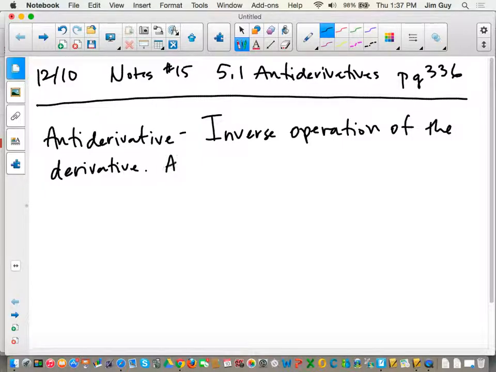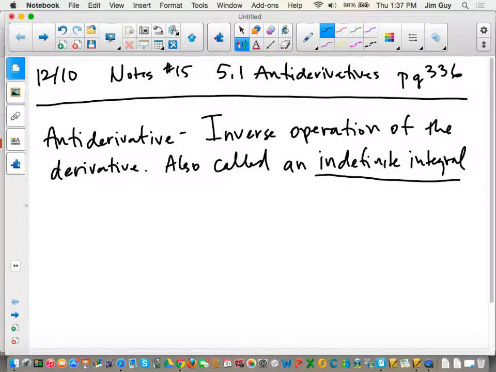This is also called, it has another name, and we learned this a long time ago. It's also called an indefinite integral. There are definite integrals and there are indefinite integrals. So specifically, an antiderivative is an indefinite integral. But I'll use it all the time. You can more or less use the term antiderivative and integral interchangeably. We're just talking about the same thing.